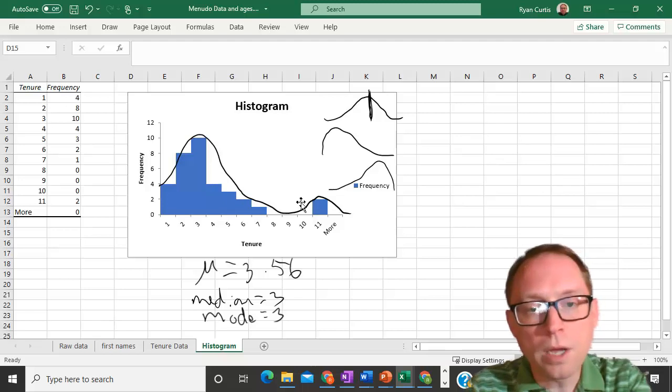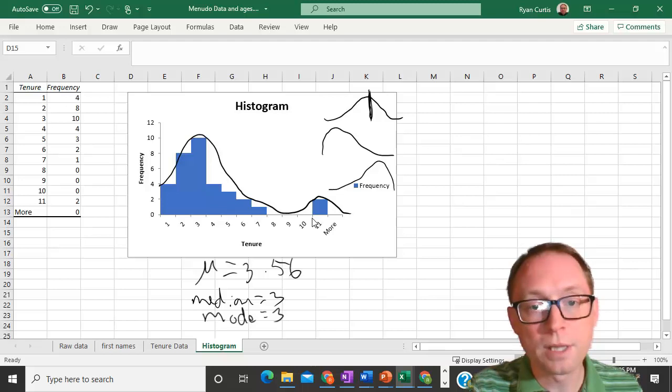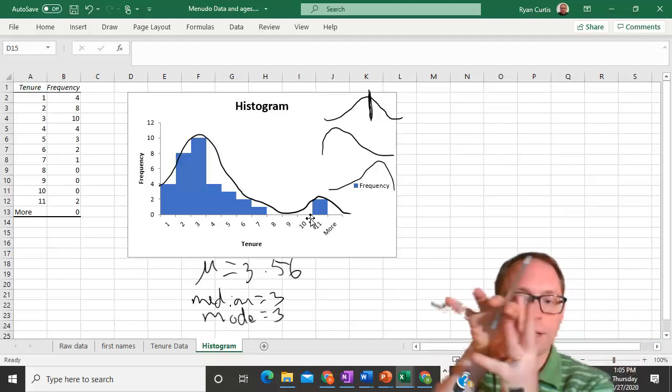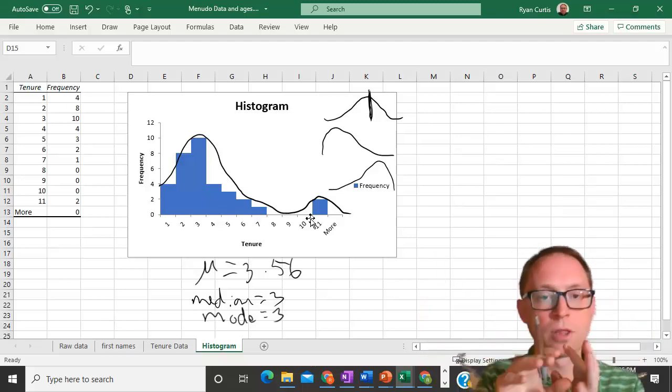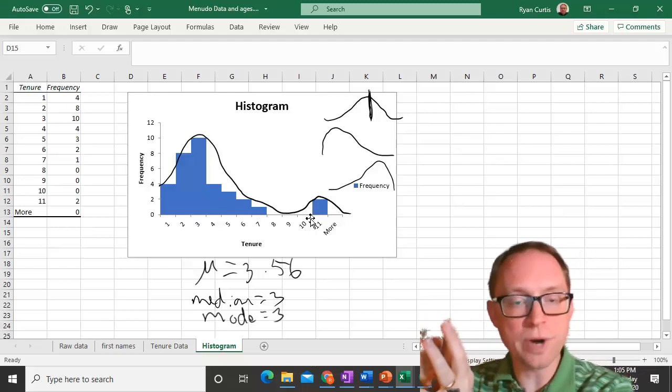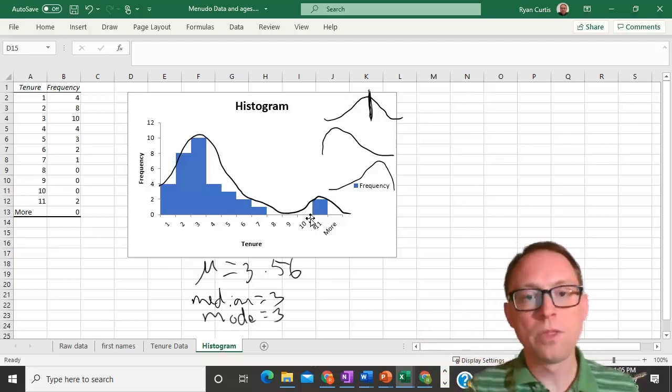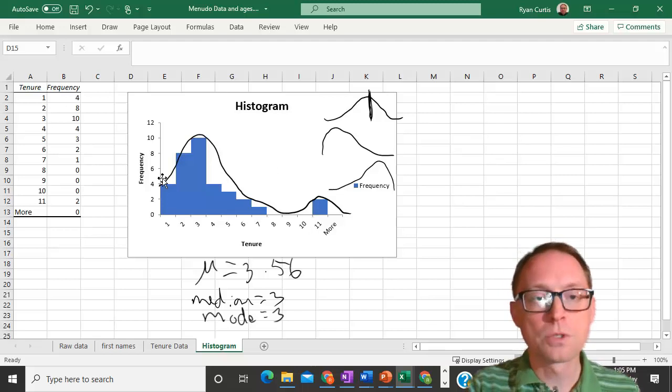What's going on is that these scores up here, 6s and 7s and these 11s especially, are pulling the average in the positive direction. This is a positive skew. So this distribution of scores for menudo, this distribution of how long the tenure was, is positively skewed.